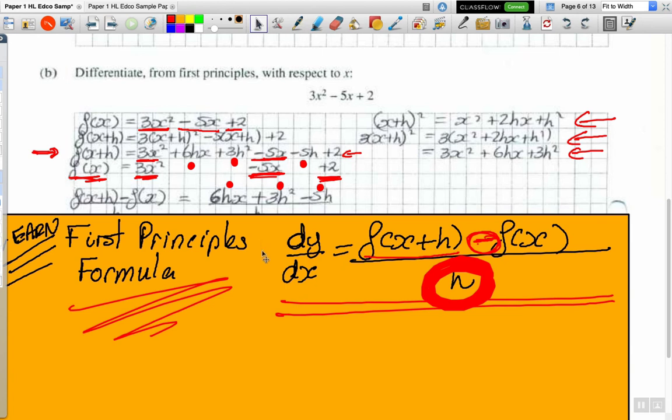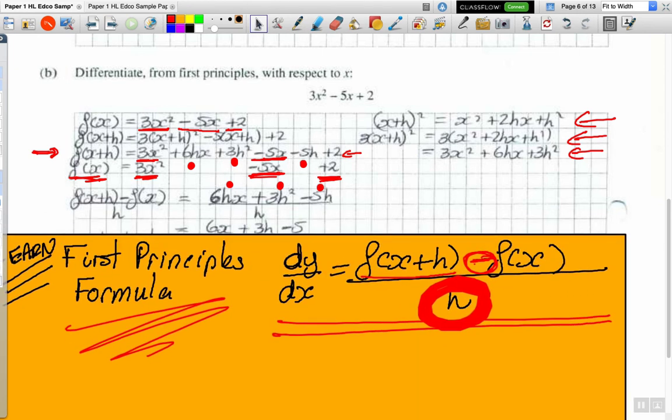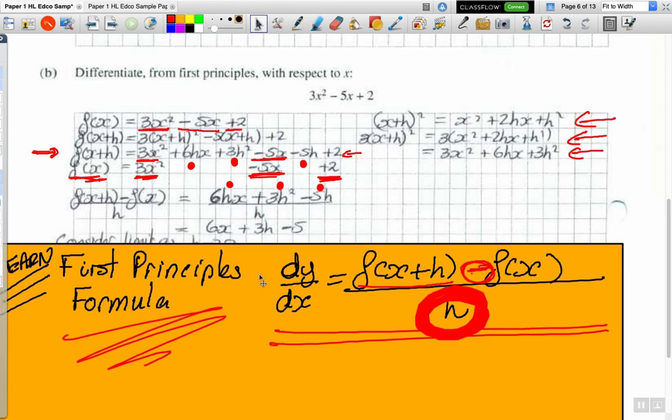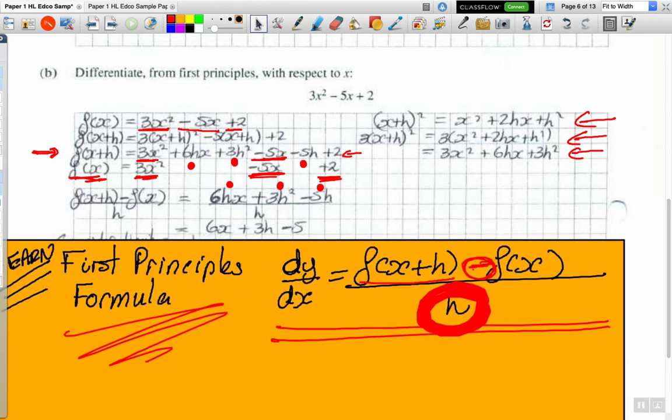Now I think I skipped a line, so I'm going to do it off to one side. I'm going to have 6hx over h plus 3h squared over h minus 5h over h. And the h cancels with one of the h's, and that leaves you with 6x, which is what we have here.